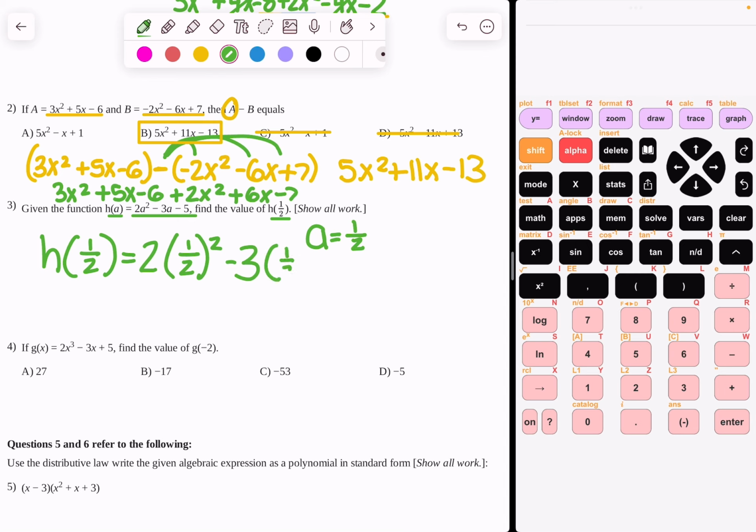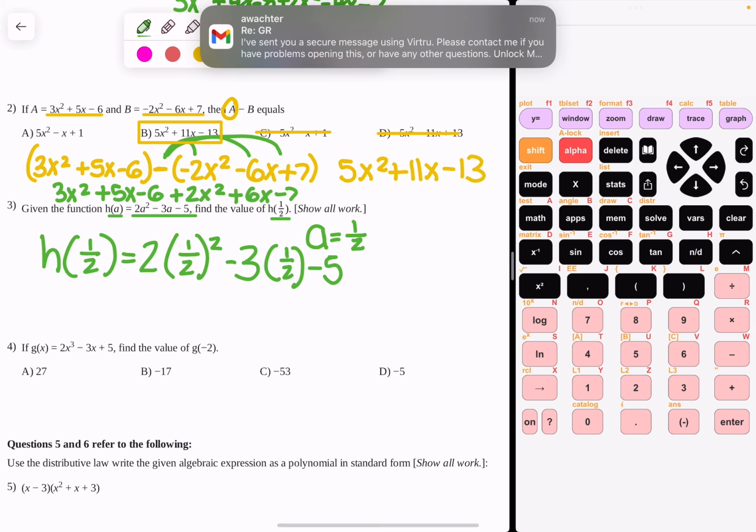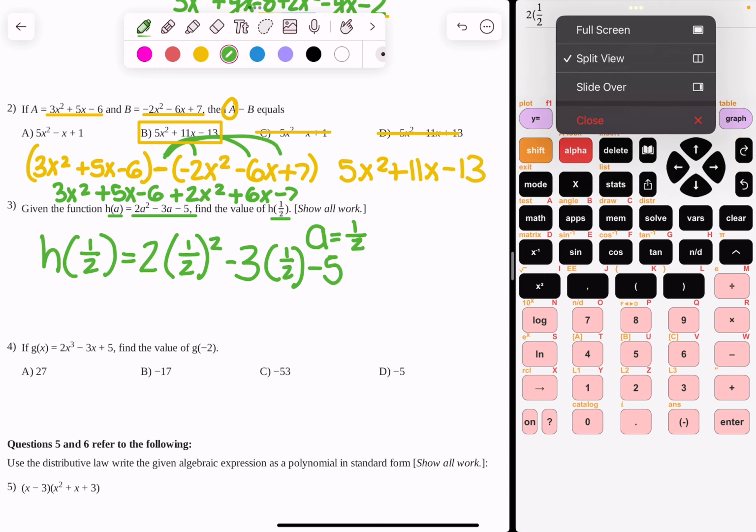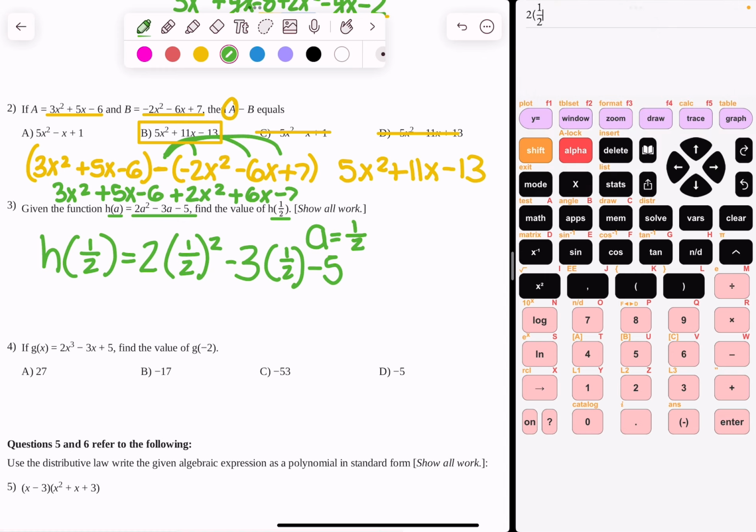And we could do that right in our calculator. Like you could literally tell your calculator that A equals 1/2, and you can do the rest. 1/2 squared minus 3 parentheses. I made a little mistake. One second, I typed something wrong here.